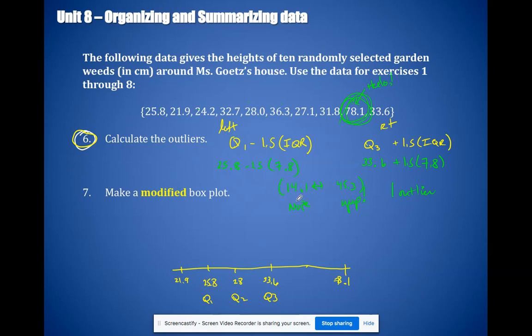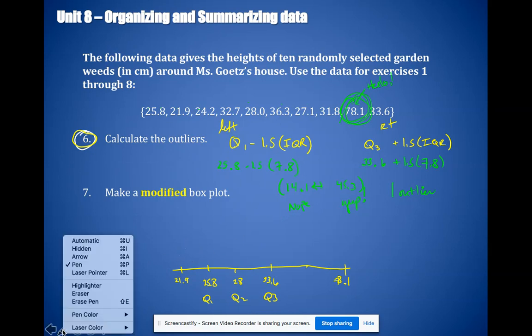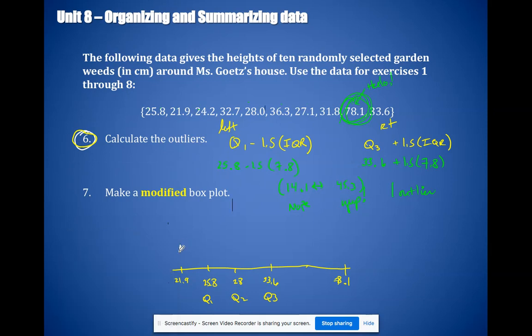I'm going to put 14.1 here. I don't have anything below that, so I'm still going to use my regular whisker there. I'm going to have my line at Q1, Q2, and Q3.